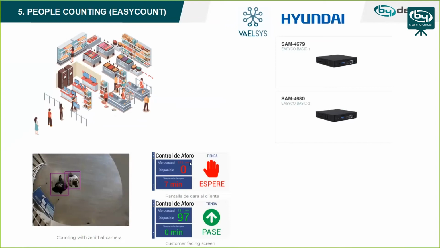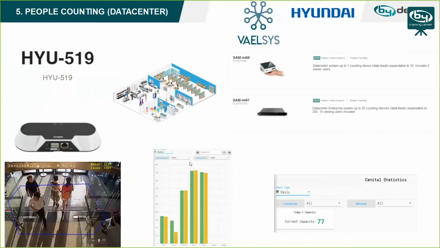In case some graphic reports are needed, then for that you would use Data Center. Data Center is a bit more professional solution, which allows for these graphic reports of all the collected information. One example of Data Center usage can be with the HYU 519, which is a people counting camera.